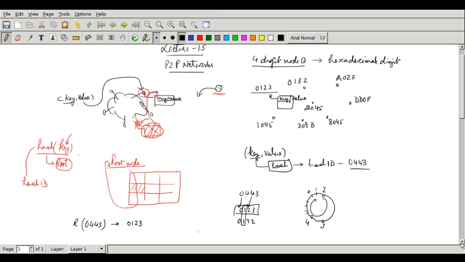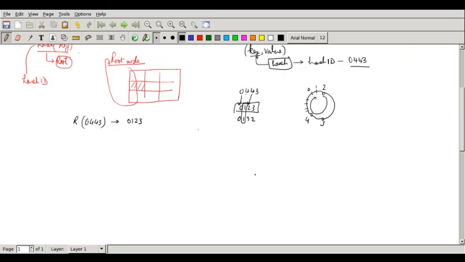Now let's see what happens if I introduce another node. Let the new node be 090F. With this new node, we can clearly see that for 0443, looking at the second digit, the digit 0 matches only with these two, 0132 and 090F.